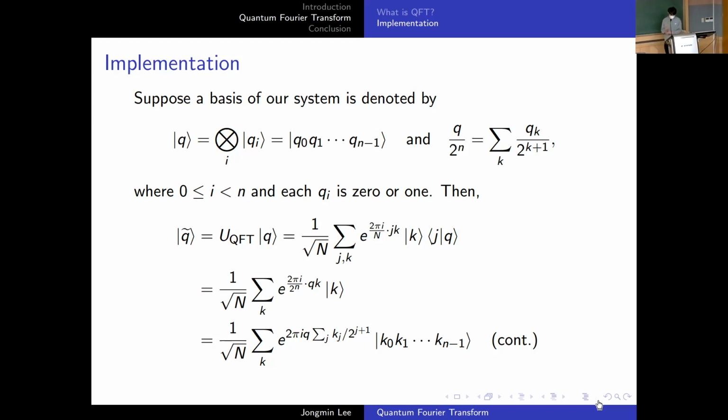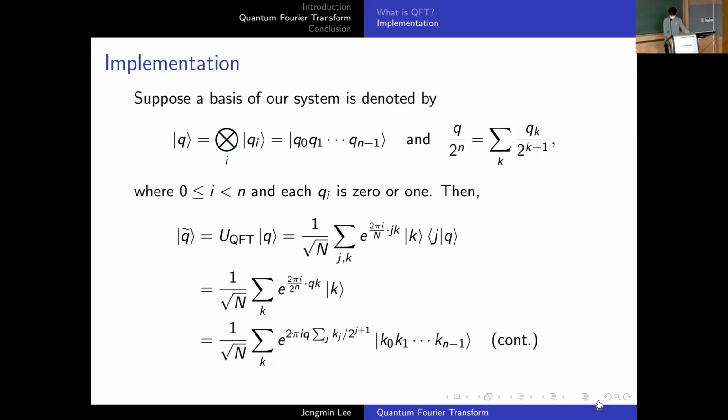I will just continue the presentation. So capital N is defined as 2 to the small n, and the QFT is taken as the first formula, and then the sum over j of delta_{jk} becomes the Kronecker delta j q.